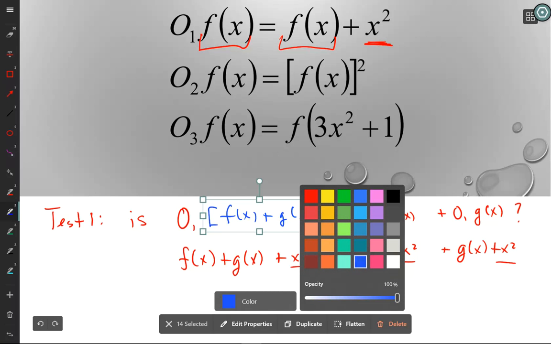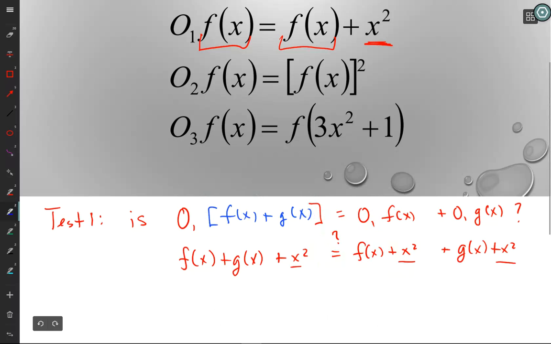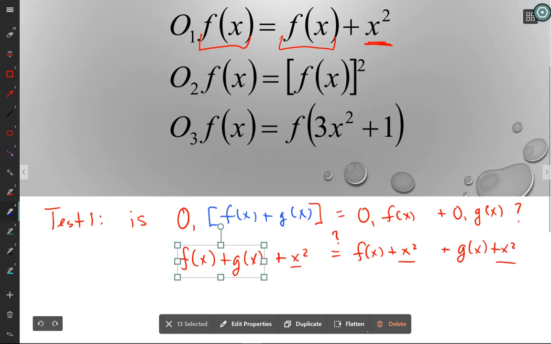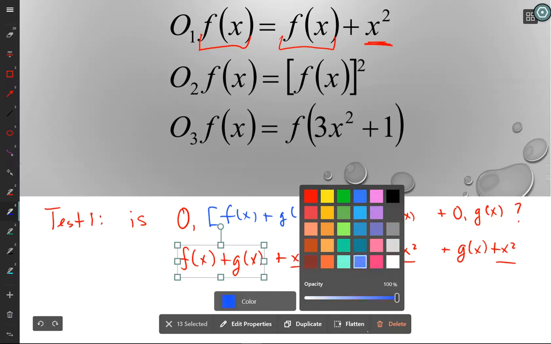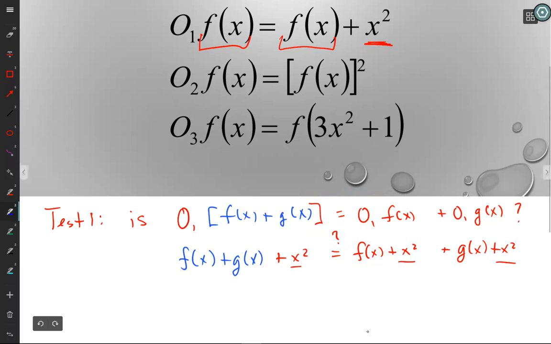It shows blue. There we go. And then likewise this here. Okay, so the blue is the stuff that the operator is acting on. So you have the operator act on the function, and it gives you the same function, so the blue stuff stays the same, and then you're going to have x squared added on.